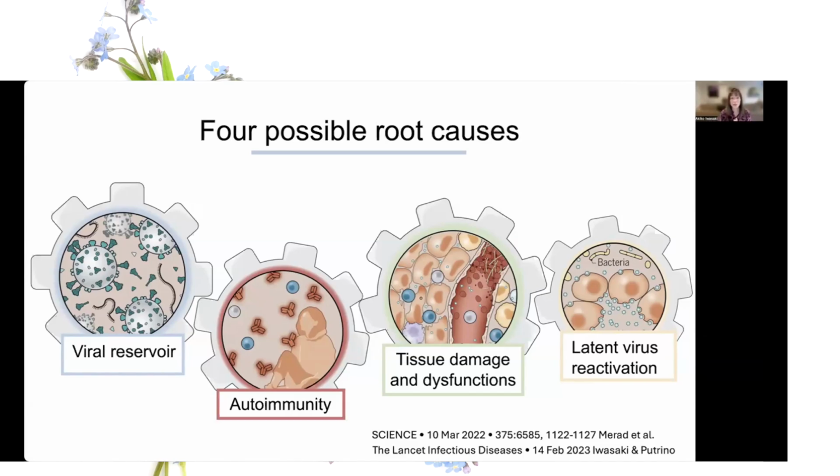In some cases, people might start with the viral reservoir that then triggers autoimmunity, that then causes tissue damage, then leading to reactivation of latent viruses. And in other cases, it's only the autoimmunity that's occurring in some people, or only the latent virus reactivation that's causing the problem. So understanding these root causes is important for both diagnostic and therapeutic pathways.